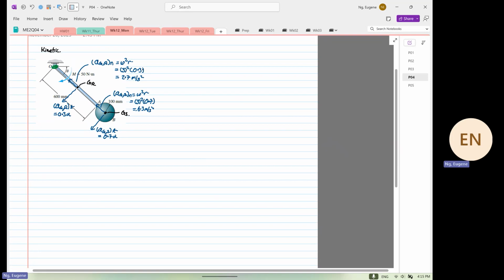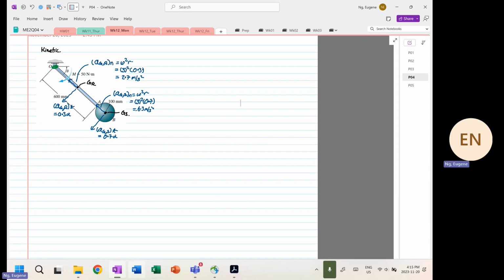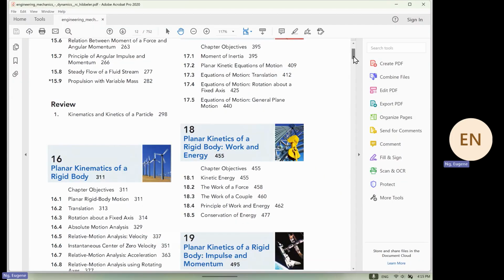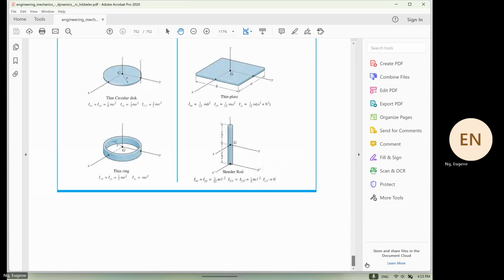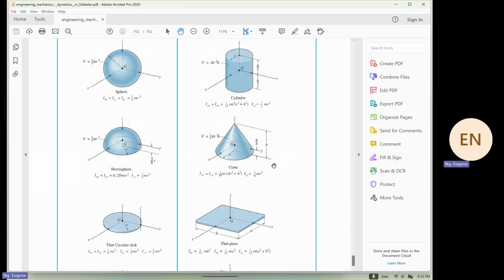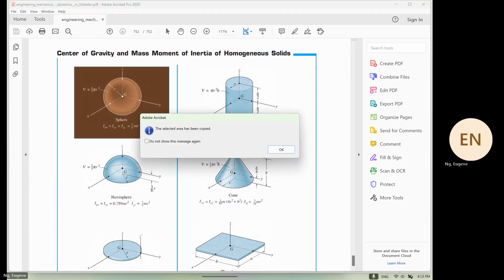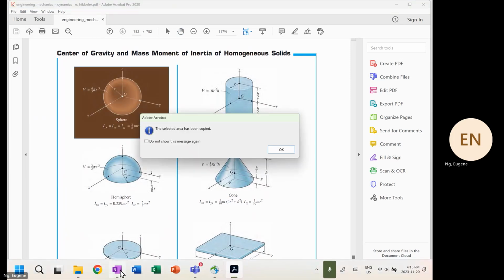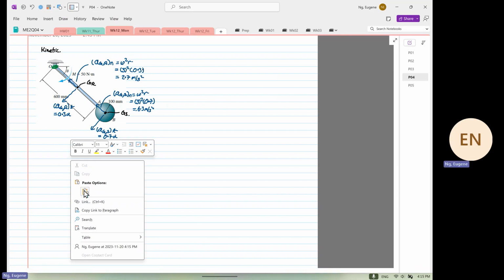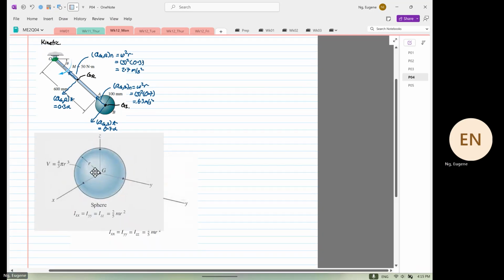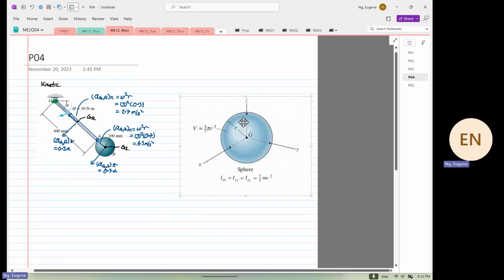Now let's look at this. I will provide you with these diagrams. There are 2 diagrams that we have to consider here. One is a sphere. I'll put the formula here, so you guys will be good to go.